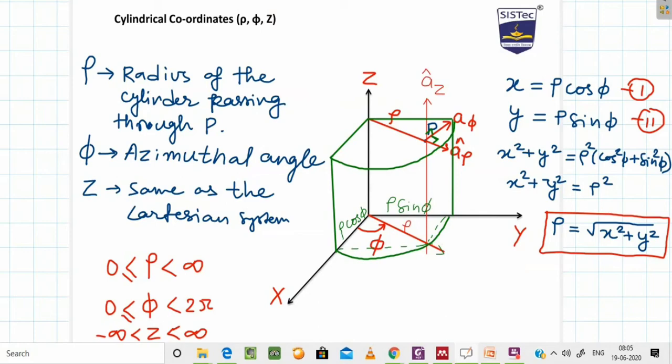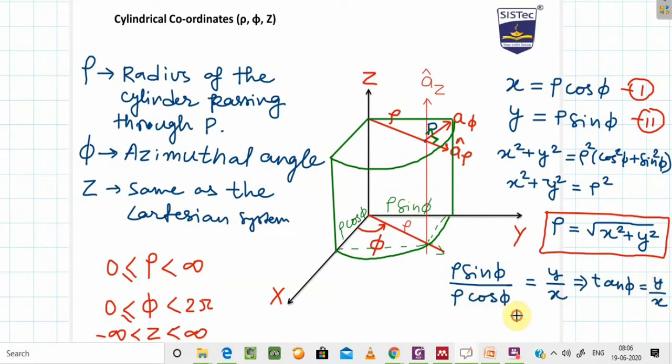We get rho sin phi upon rho cos phi equals y upon x. So here rho will be cancelled out, so what can we write? We can write that tan phi equals y upon x.